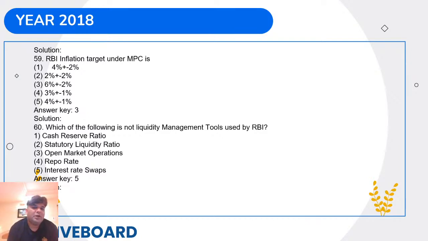There are certain quantitative tools and there are certain qualitative tools. In the quantitative tools, we have explicitly and quite elaborately spoken about the cash reserve ratio, statutory liquidity ratio, open market operations conducted by RBI, and repo rate. So quite naturally, by merely using the elimination method, you can come to the conclusion that interest rate swaps is the correct answer.